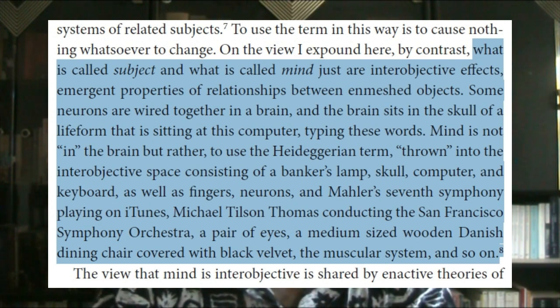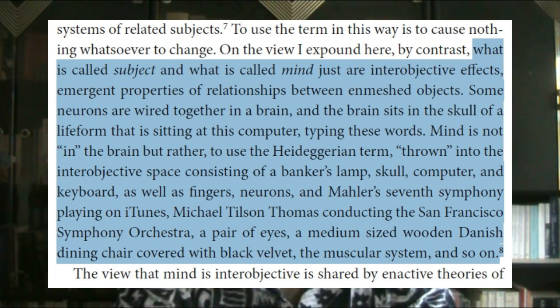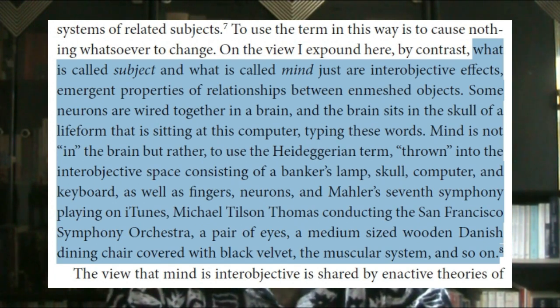Mind is not in the brain, but rather, to use the Heideggerian term, thrown into the interobjective space consisting of a banker's lamp, skull, computer, and keyboard, as well as fingers, neurons, and Mahler's Seventh Symphony playing on iTunes, Michael Tilson Thomas conducting the San Francisco Symphony Orchestra, a pair of eyes, a medium-sized wooden Danish dining chair covered with black velvet, the muscular system, and so on.